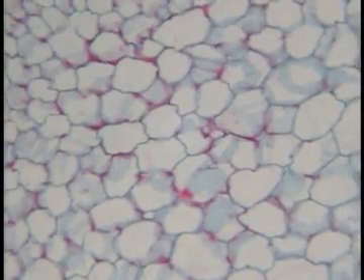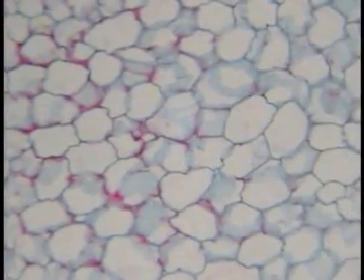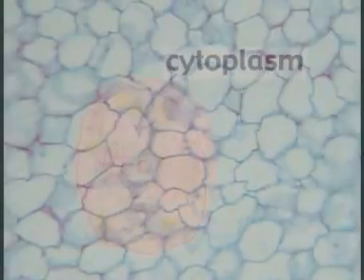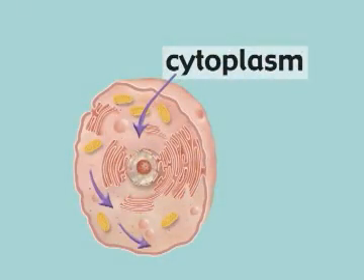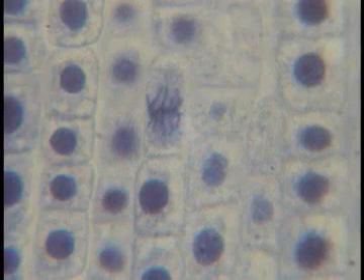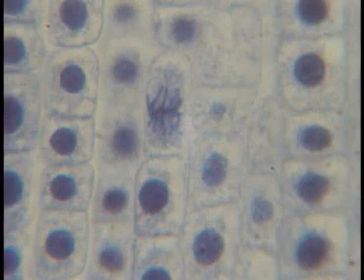The cell membrane also holds the parts of the cell together and separates the cell from its surroundings. Within the cell membrane is the cytoplasm. This is a jelly-like substance that contains many chemicals to keep the cell working properly. The nucleus, another one of the three main parts of most cells, controls cell activities. It's sort of like the cell's brain.